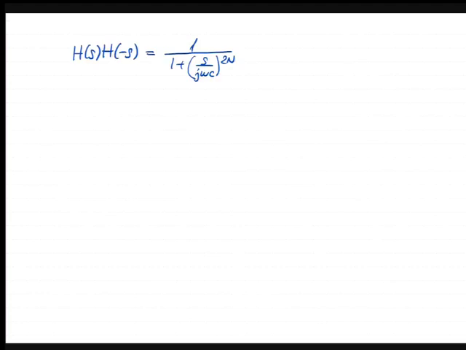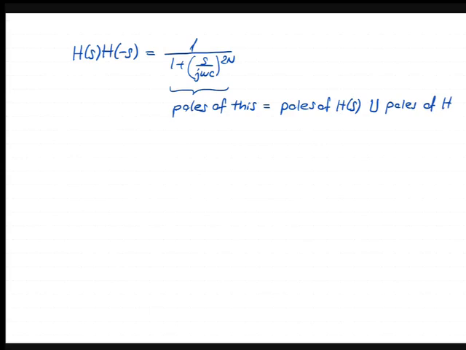If I look at the poles of the right-hand side, the poles of this are the poles of h of s union the poles of h of minus s, right?